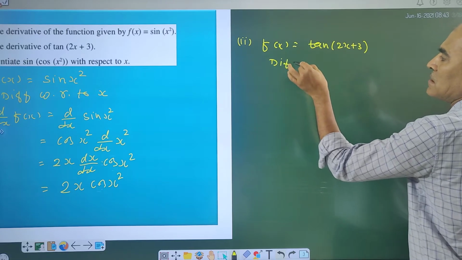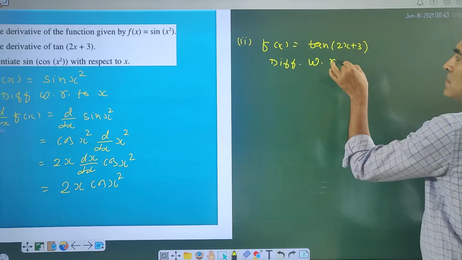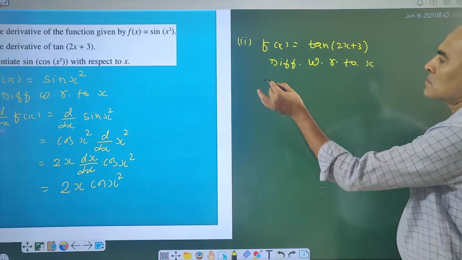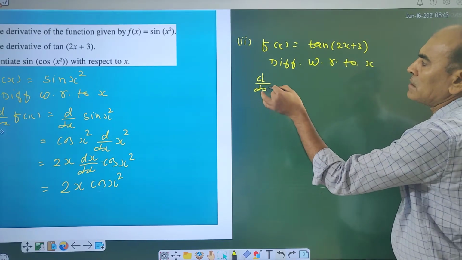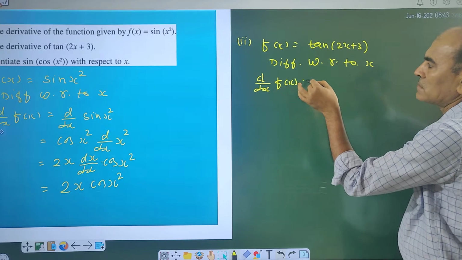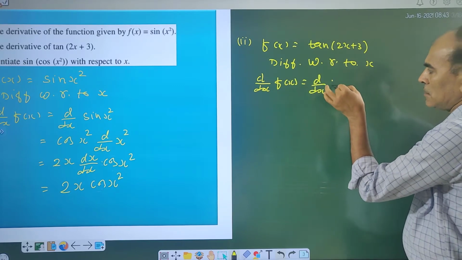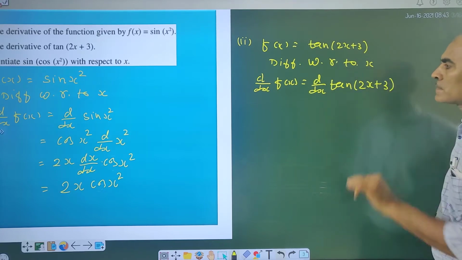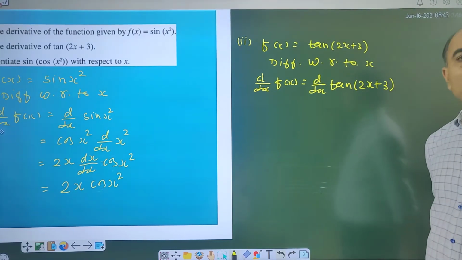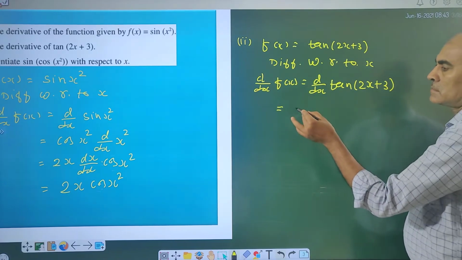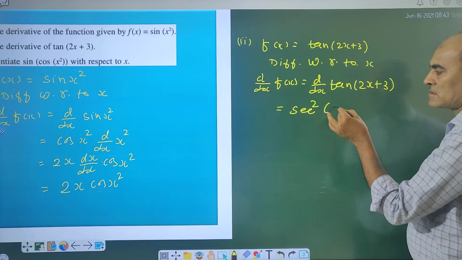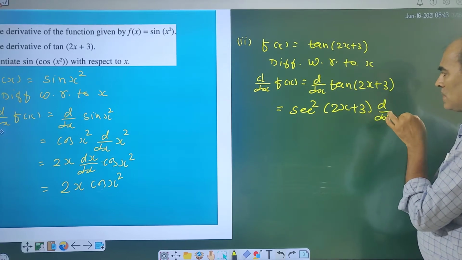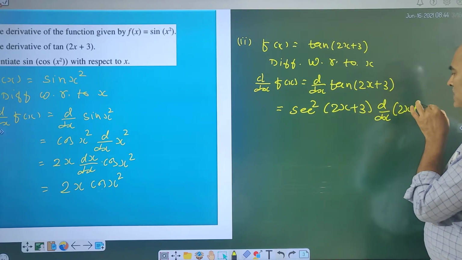So, differentiate with respect to x. d by dx of f of x is equal to d by dx of tan of 2x plus 3. Tan of some function, sec square of some function into d by dx of some function.